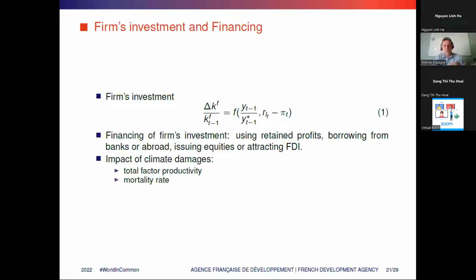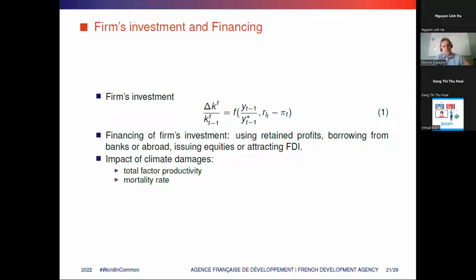The financing of firms' investment comes first from using their retained profits, then from borrowing from banks or from abroad, and the bulk of the financing comes from issuing equities or attracting FDI. That's how it is represented in the model.